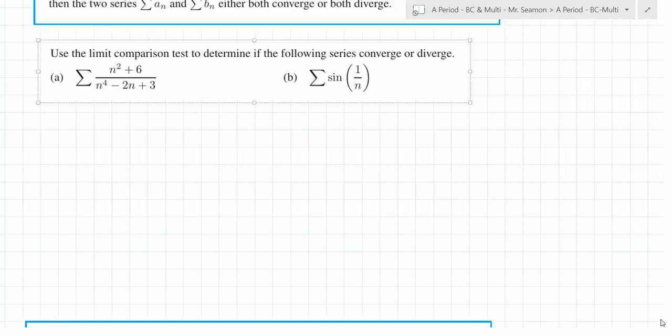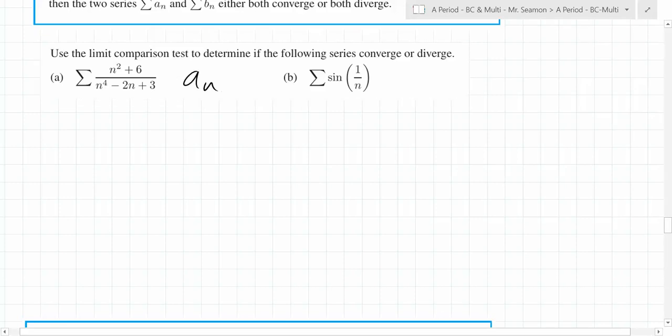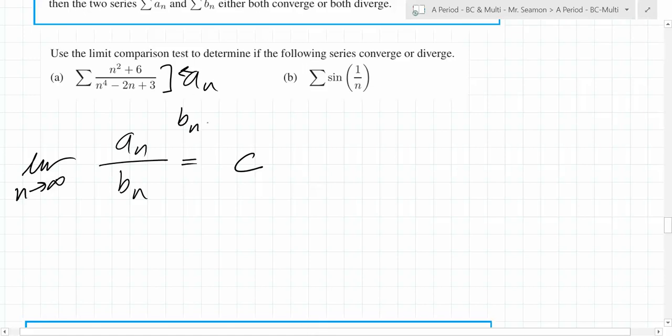Okay. So on this one right here, let's just call this one a_n. What we're looking for, we'd love to find a b_n so that when we take the limit as n goes to infinity, we end up with some constant. So if this is a_n right here, does anybody have a guess as to what they think b_n should be? Hold on.